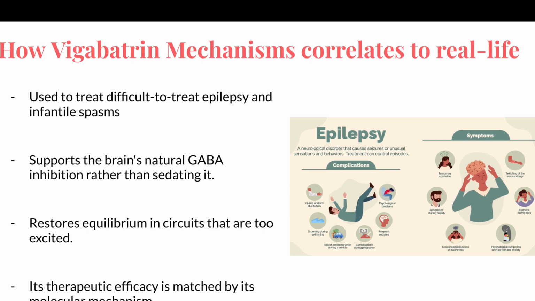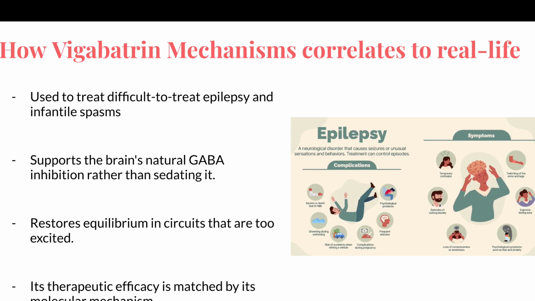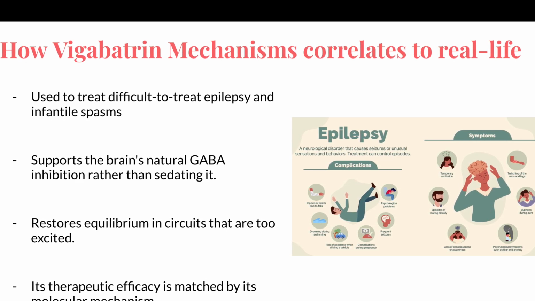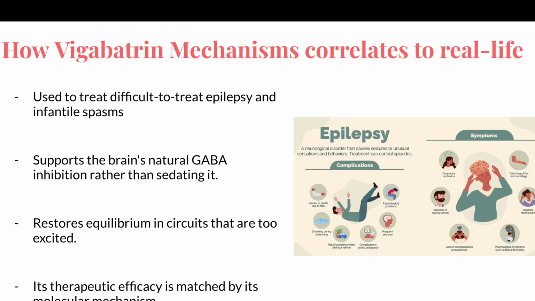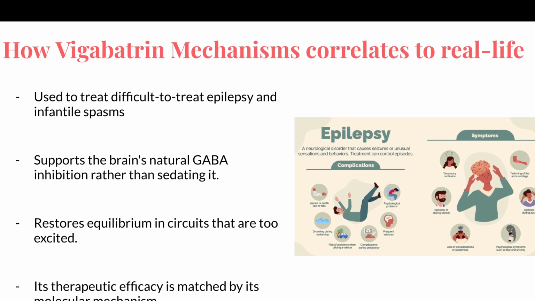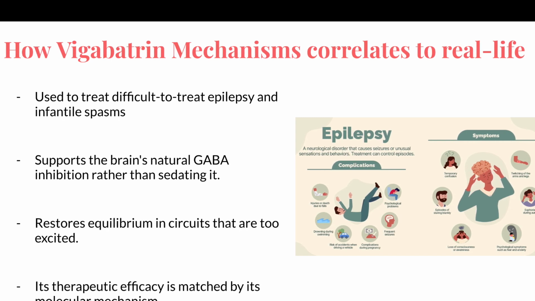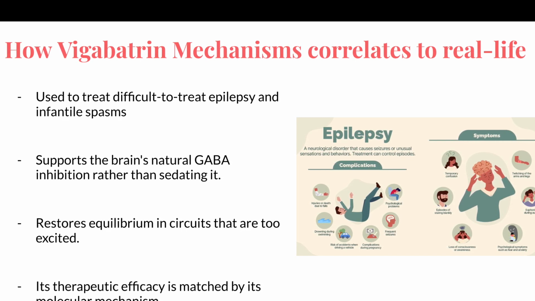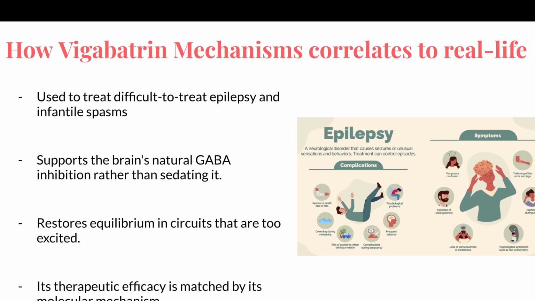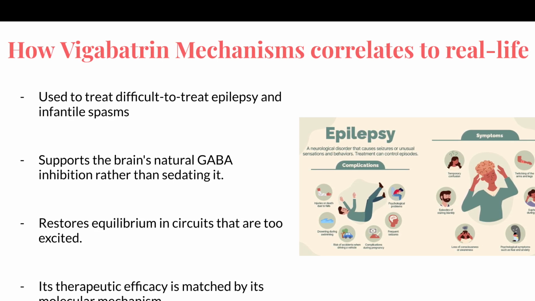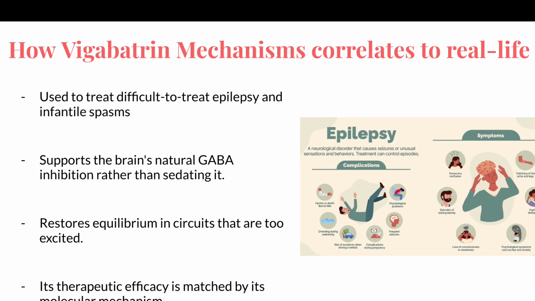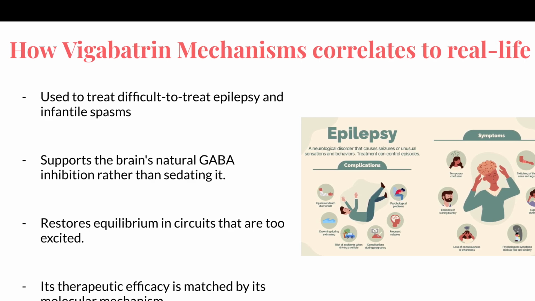Vigabatrin directly targets the source of that imbalance by blocking GABA transaminase and boosting natural GABA levels. It helps stabilize these circuits and prevents many of the complications shown here in my image. So that tiny covalent bond we saw in the Chimera visualization isn't just a molecular detail, it's also what allows patients to have fewer seizures as well as a safer, more stable quality of life.